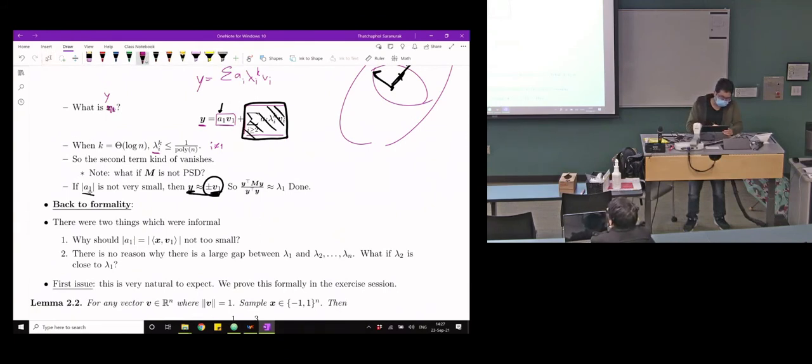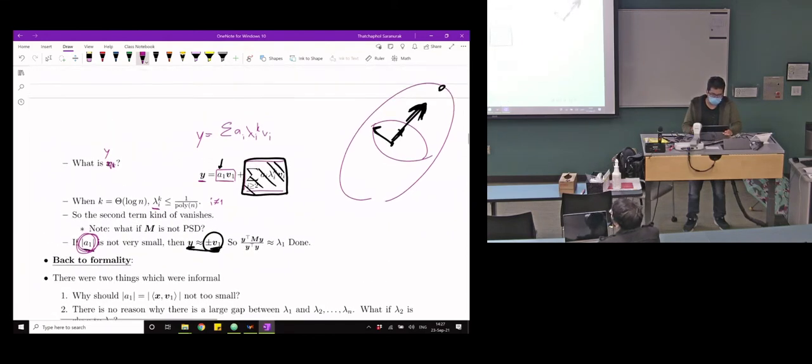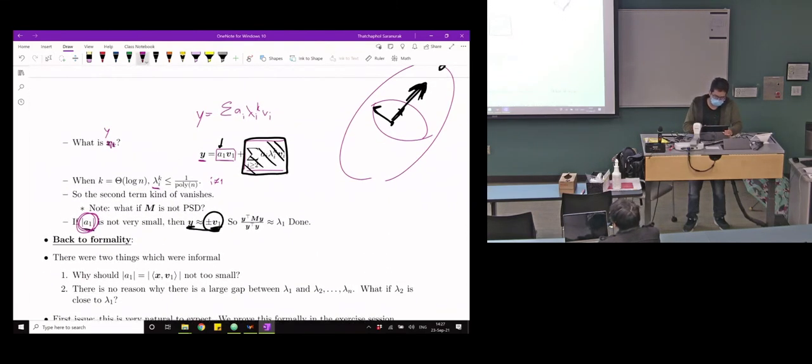So the first thing is that we didn't argue why A1 should not be too small. And the second thing is that it might not be the case that there is a large gap between the first eigenvalue and the rest of them. It can be the case that the second one is very close to the first one.